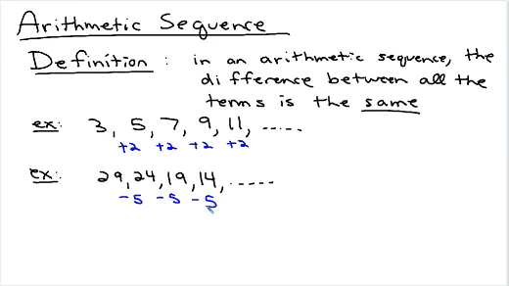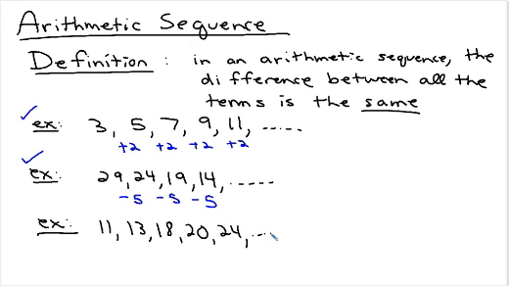All right. Now, one of the things they're going to ask you in homework, it'll be very simple. They'll say, is this sequence arithmetic? Well, these first two are arithmetic because the difference between all the numbers is the same. You tell me if this one's arithmetic. 11, 13, 18, 20, and 24.